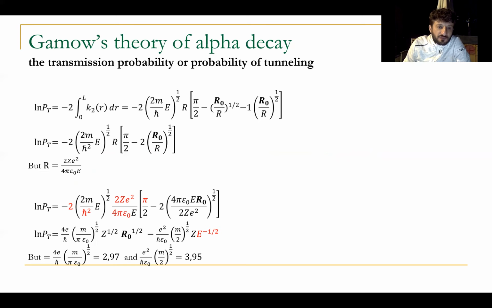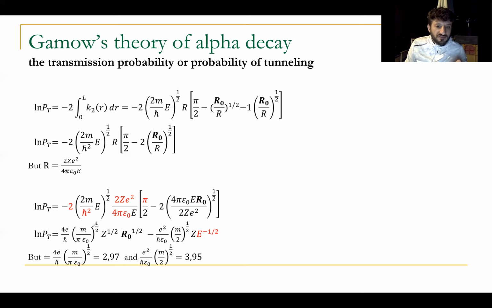Here we have minus 2 times square root of 2m divided by h bar, E to the power half, R equals, I put it here. Pi over 2 minus 2 R0 divided by capital R, which is equal to 2 Z e squared divided by 4 pi epsilon 0 E. Okay, simple.